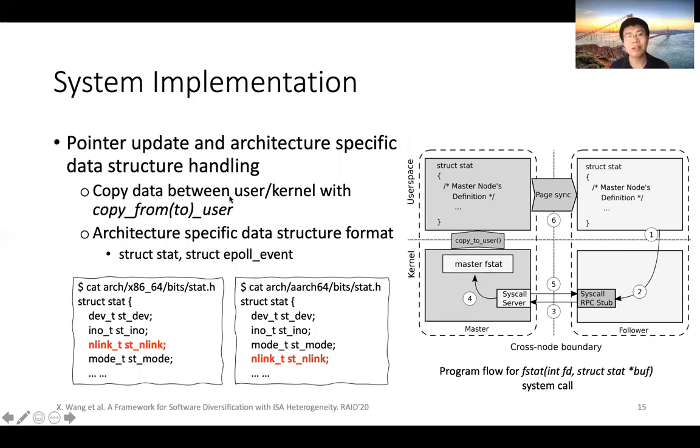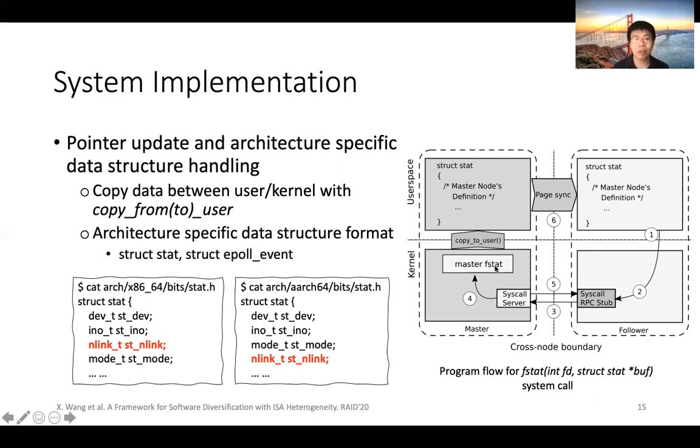In this case, the kernel needs to copy the file status to the user space. However, only the master side maintains all that file information. So with HeteroStack, the kernel just redirects the system call to the system call server, in an RPC-style system call handling, and it forwards this request to the original node.